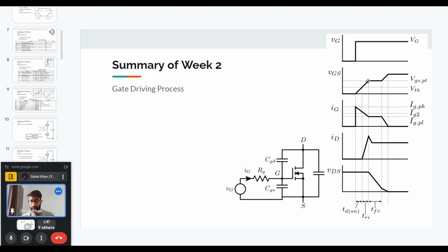At that point, the CGS capacitor will not charge anymore, but the IG current will go to the CGD capacitor, the gate to drain capacitance, and it will discharge this capacitance. Previously it was charged to some value, and now the current is in the negative direction for this capacitor, so it will discharge this capacitance.